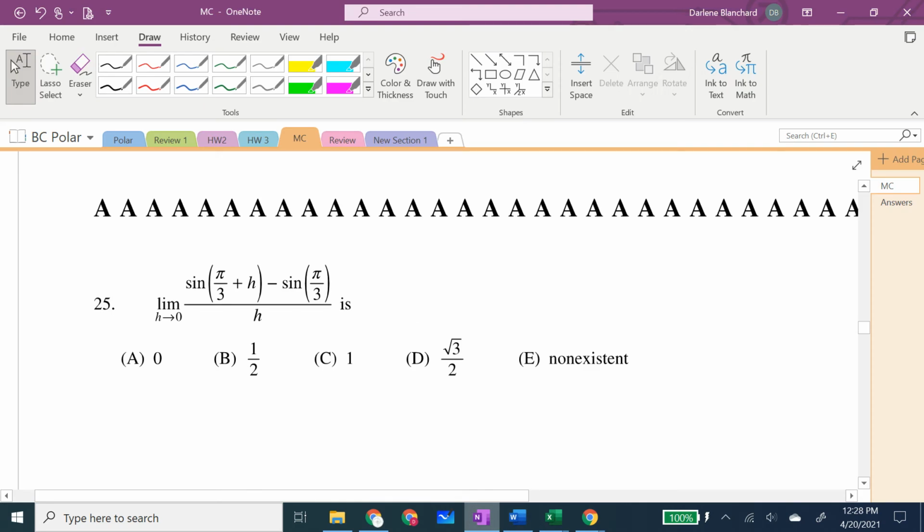Oh, do you recognize it, so cute? Oh, look at that little cutie pie. You've got limit as h approaches 0. Does that h sound familiar? H on the bottom.